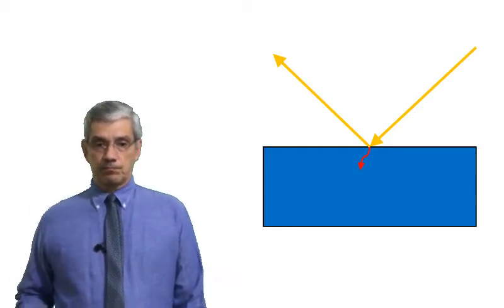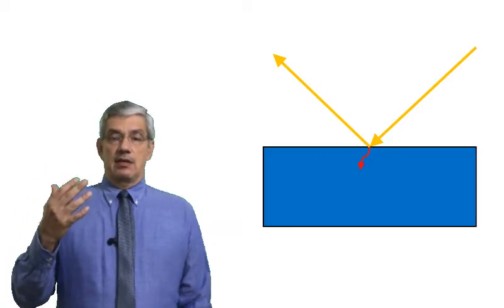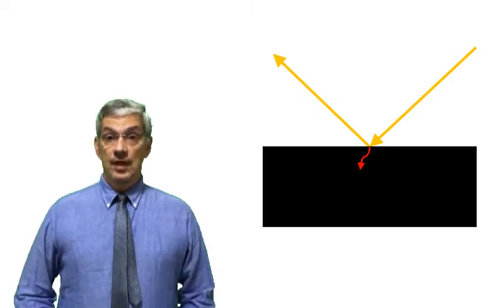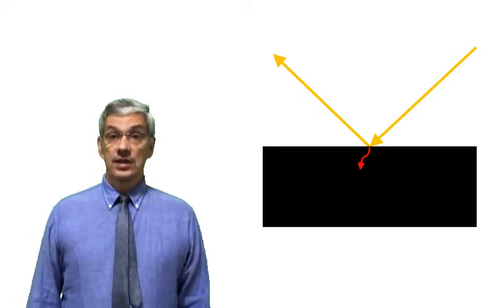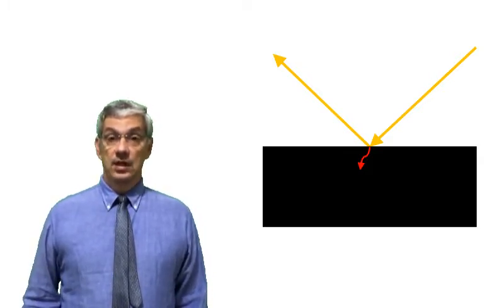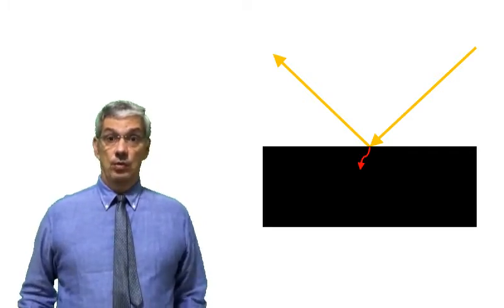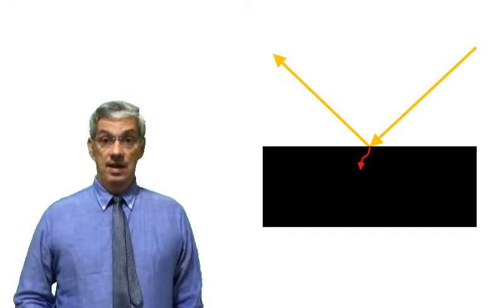Well, now let's see Planck's definition of a black body. A black body, according to Planck, is a body that will absorb all the incoming light. No fraction of the incoming light will cross the body or be reflected by it.